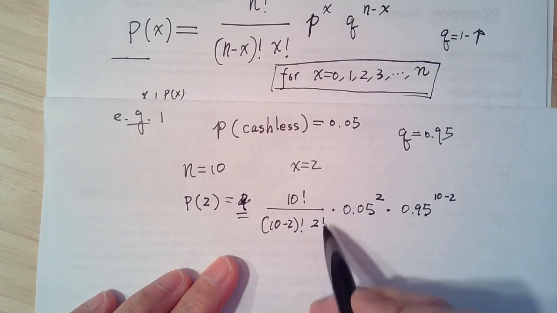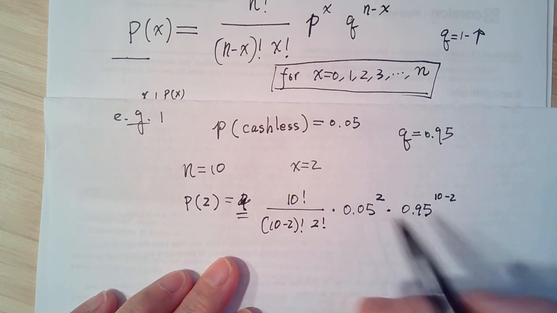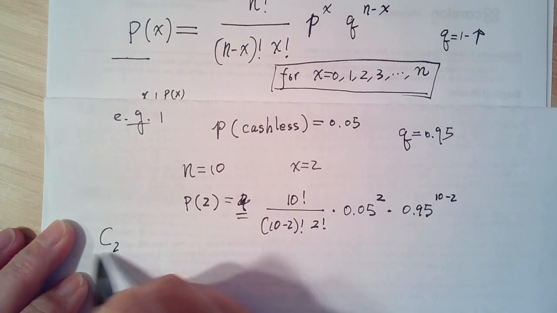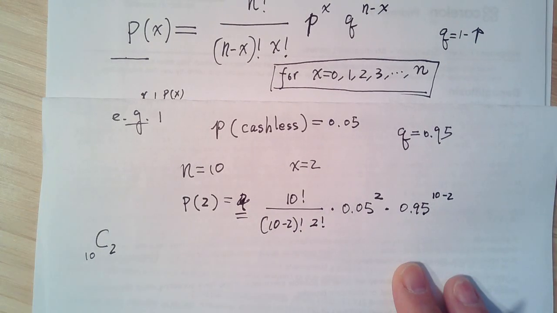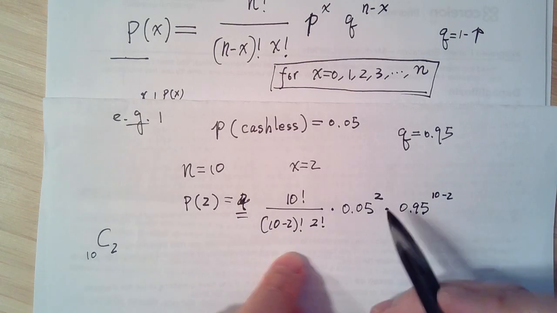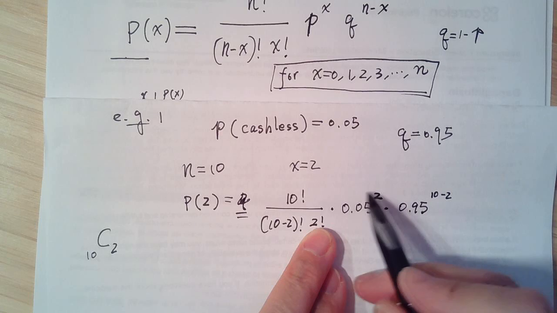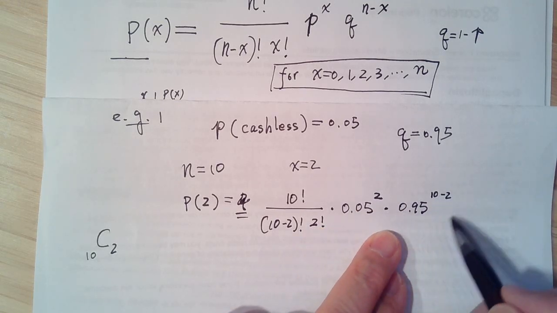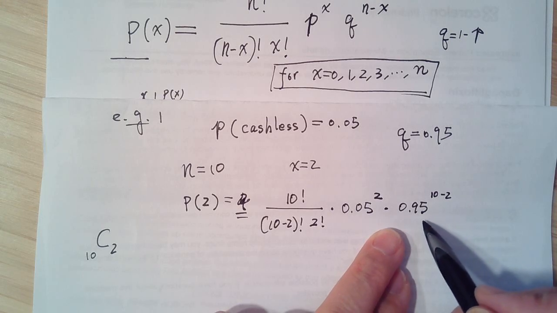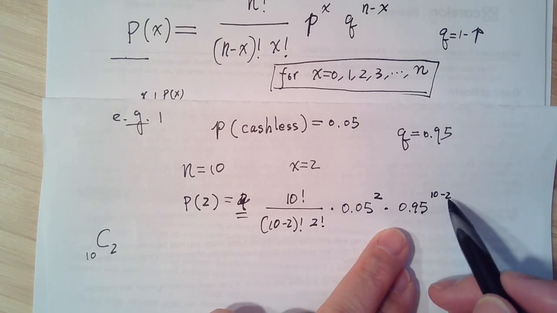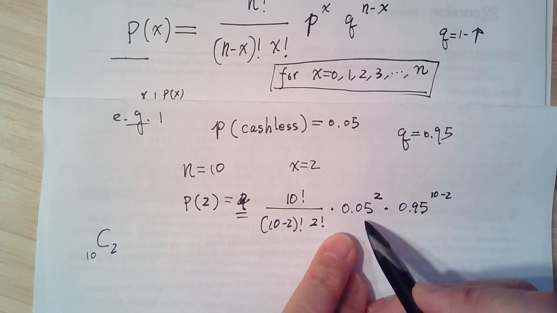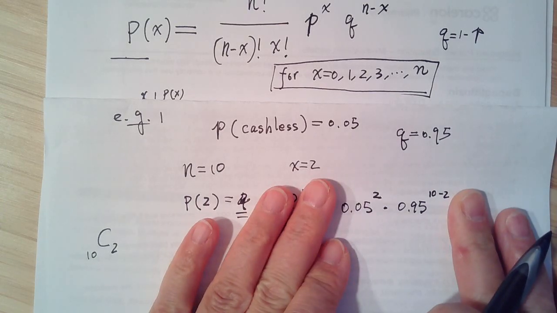Does this look familiar? Yes, that's a combination, right? We choose 2 out of 10. That's how many different ways you're going to have 2 out of 10. All right, now what is this? That is the probability that the 2 persons are cashless, and the probability that 8 persons are with cash. So 8 people with cash, 2 people with no cash, and you multiply because they're independent.